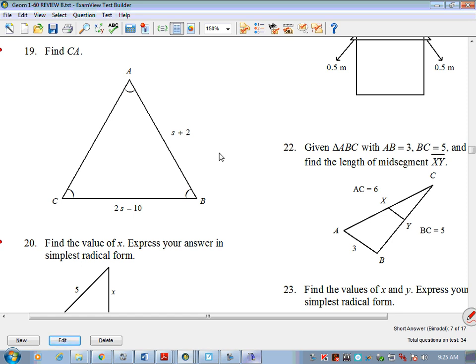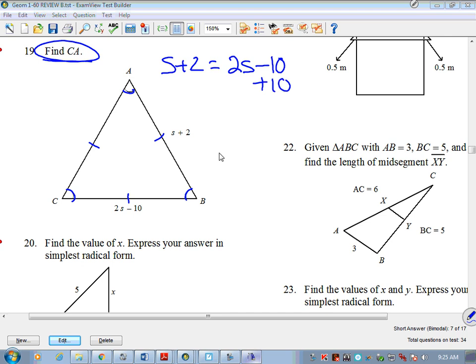What you need to notice first is that all of these angles are congruent, which means all of these sides are congruent. So s plus 2 equals 2s minus 10. The first thing we're going to do is solve for s, but that's not where we're going to end because they said find CA. A lot of people miss this question because of that.